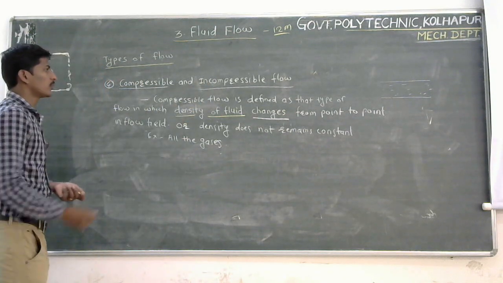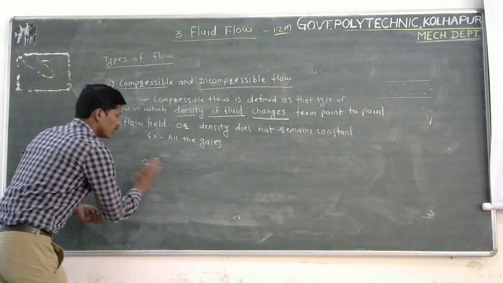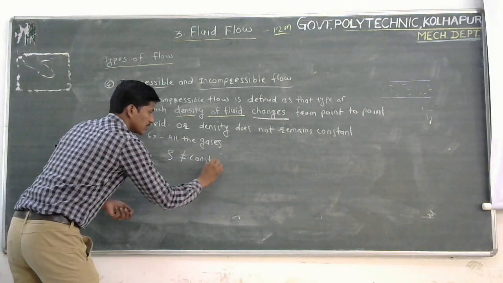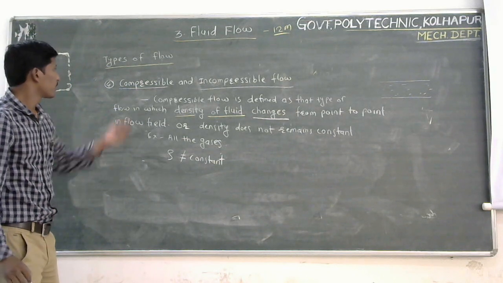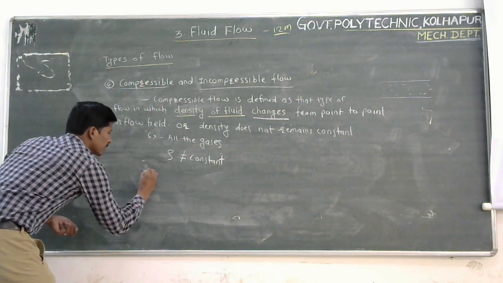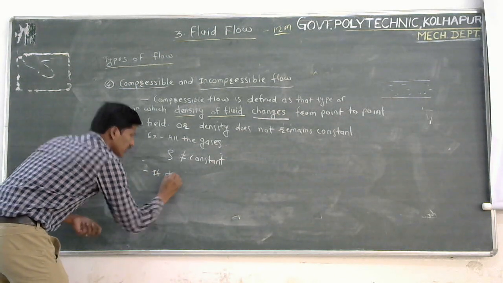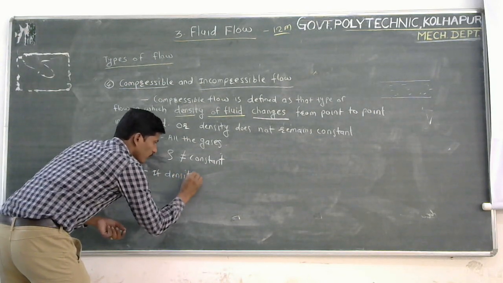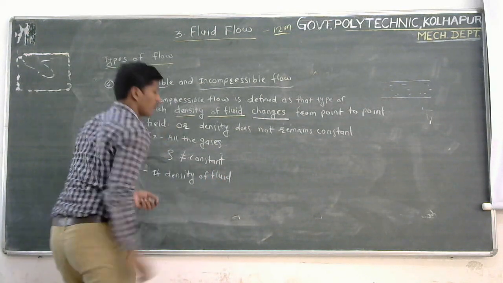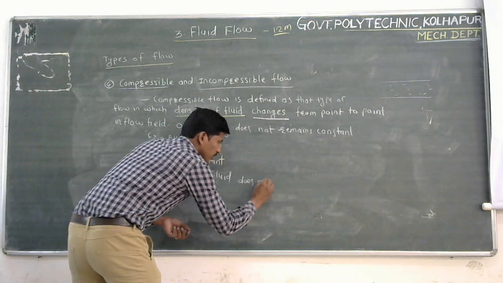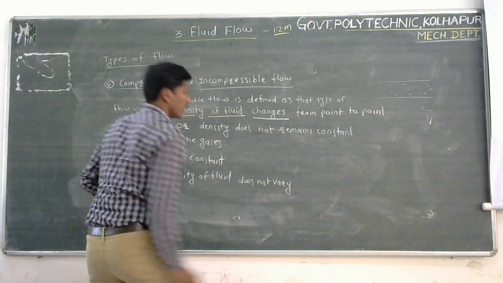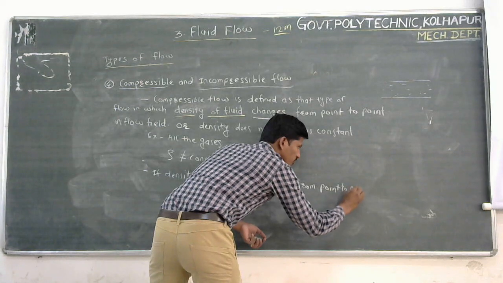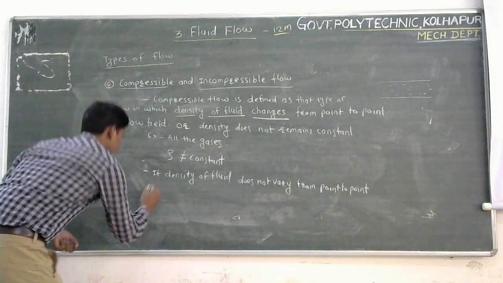Next important is incompressible flow. Opposite to that, mathematically we can represent compressible flow as the density of the flow not remaining constant. And incompressible flow is that type of flow in which the density of fluid does not vary from point to point in a flow field.